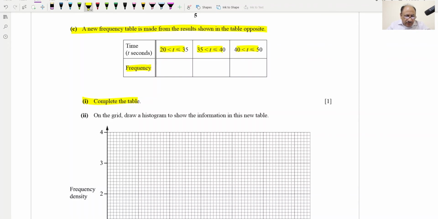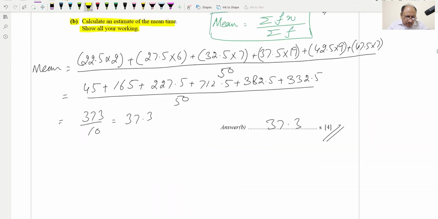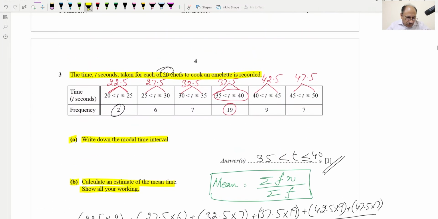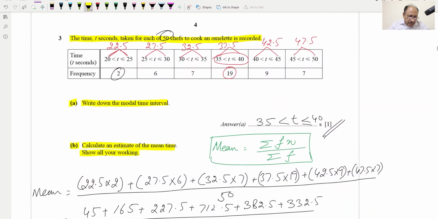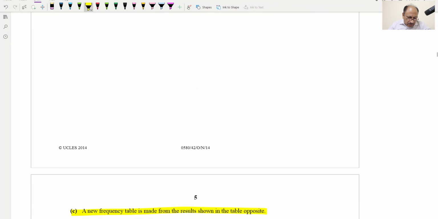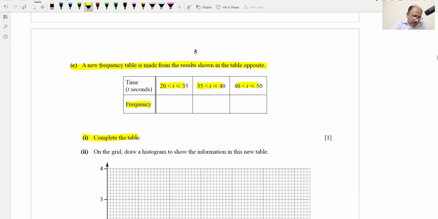So this will be from 20 to 35. For 20 to 35, we'll have to add these three frequencies. So it will be 7 plus 2 will be 9, 9 plus 6 will be 15. So our answer over here will be, this frequency will be 15.